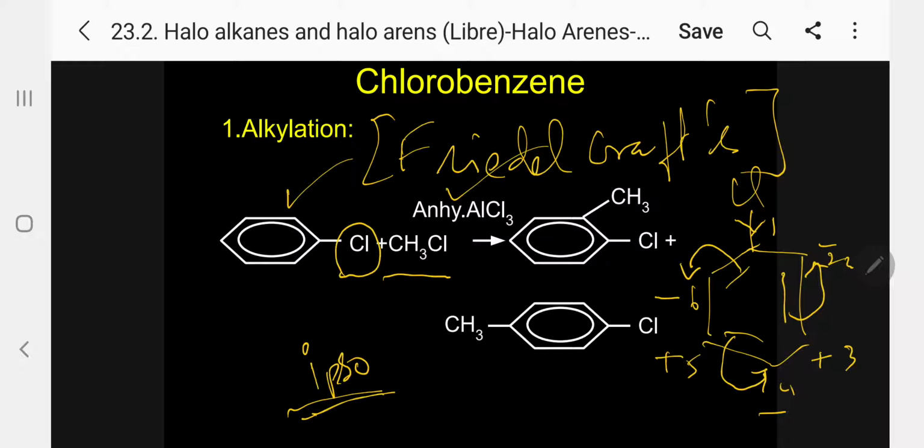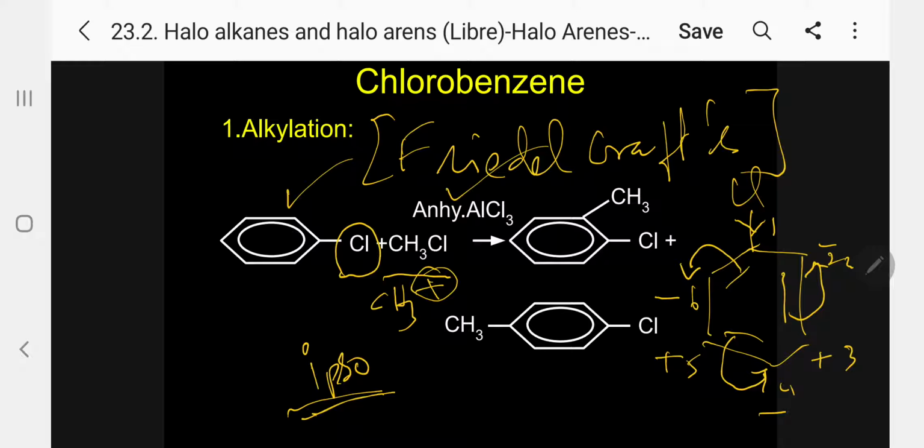Ipso carbon means where the substituent is present, that carbon is the ipso carbon. Kindly follow. So what will happen because of this? When the electrophile, methyl chloride, reacts with anhydrous aluminum chloride, it is converted into CH3 plus. The aluminum chloride takes this chlorine and becomes AlCl4 minus.